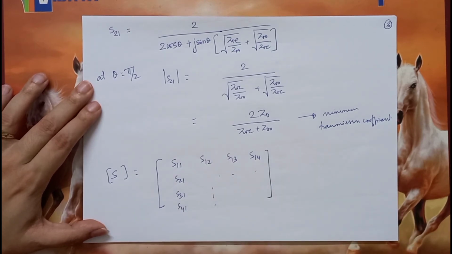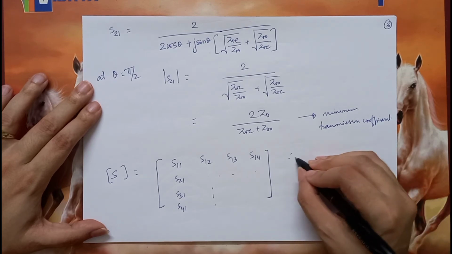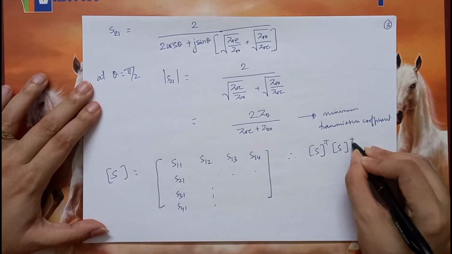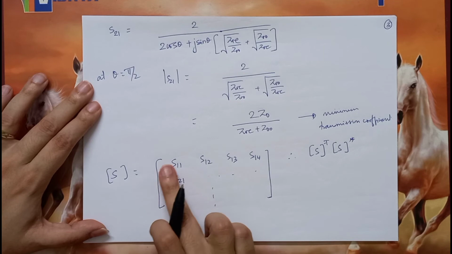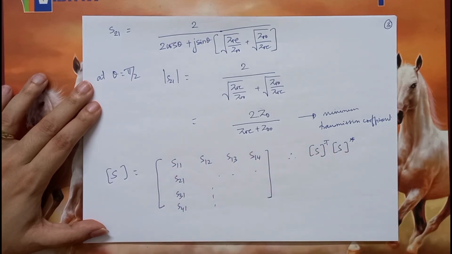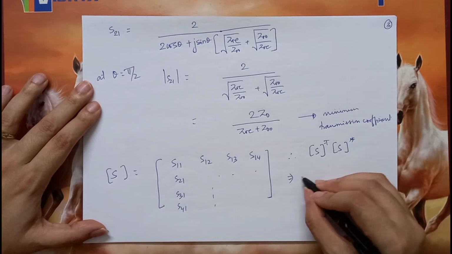If I now take the S transpose times the S conjugate, for the unitary property, and multiply the first row of S transpose and the first column of S conjugate, what I will get is this.